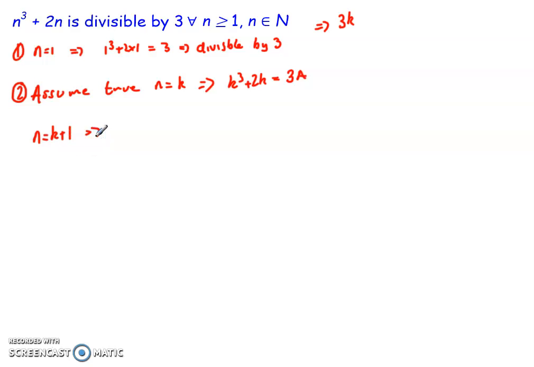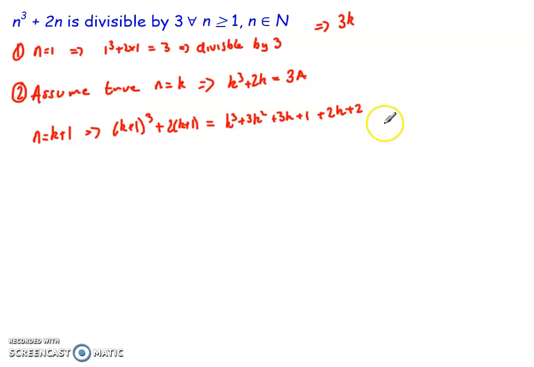what that then means is that I've got k plus 1 cubed plus 2 times k plus 1. Now if I expand this set of brackets here at the start, I'll get k cubed plus 3k squared plus 3k plus 1, and then I'll have this second bit here, which is going to be plus 2k plus 2.